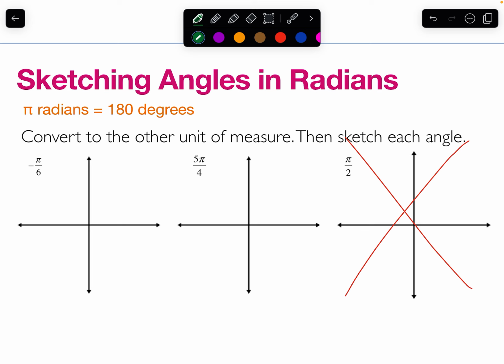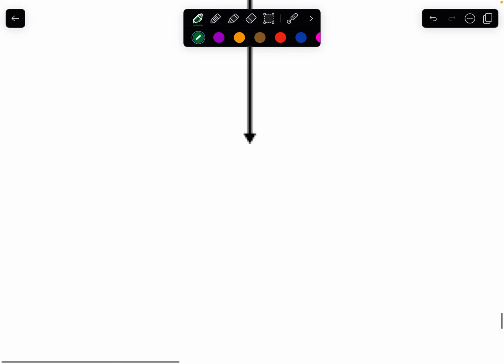We're going to sketch these angles of rotation, but this time we're giving them in terms of radians. If you're like me, when you first start out with this, you want to convert it to degrees so you can use those benchmarks we talked about earlier. So let's take negative pi over 6, convert it to degrees, and then we'll sketch it in. We want to convert that to degrees.